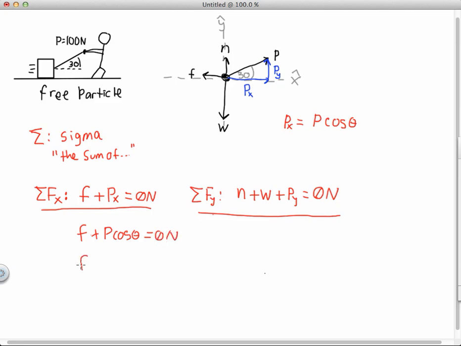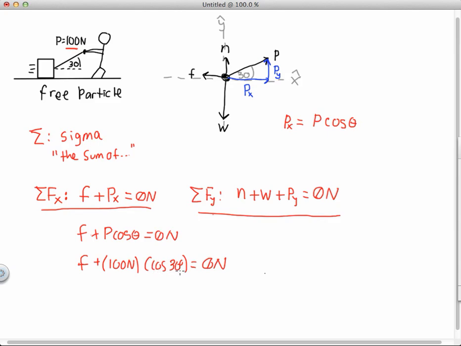Well, I know that P is equal to 100 newtons. That's what I said it was earlier. So that's 100 newtons times the cosine of the angle, 30 degrees, and that equals 0 newtons.